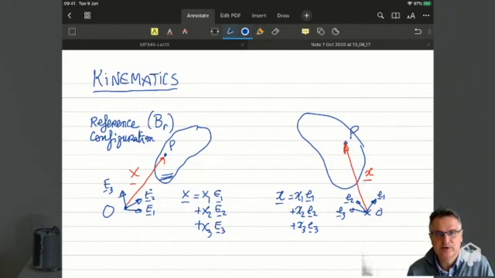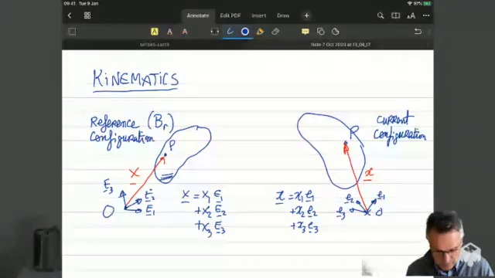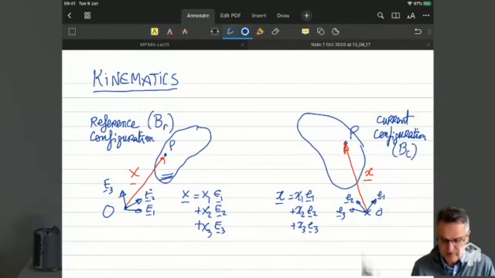That's where the body was before I deformed it. And now it's moved and it's been deformed into a new state, which I'm going to call the current configuration, PC. So reference and current, that makes sense intuitively. Configuration as well, I think that's okay.